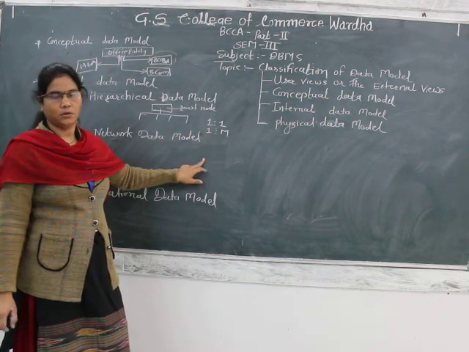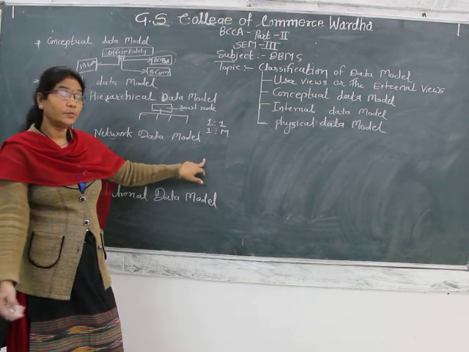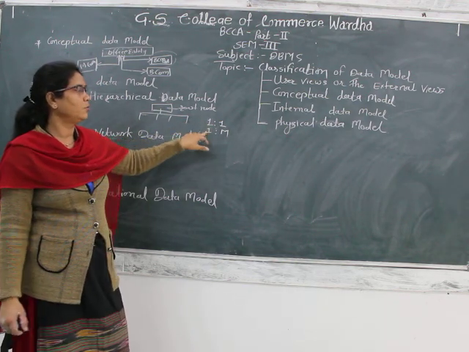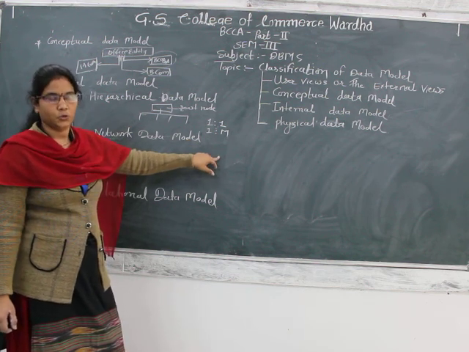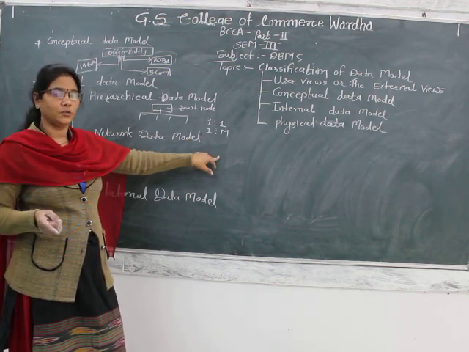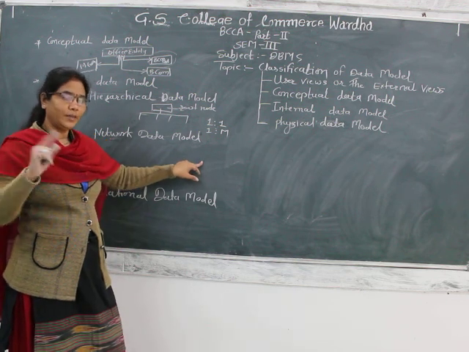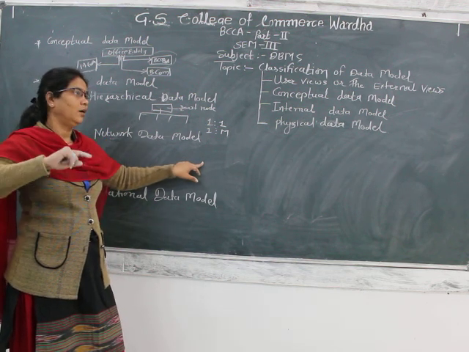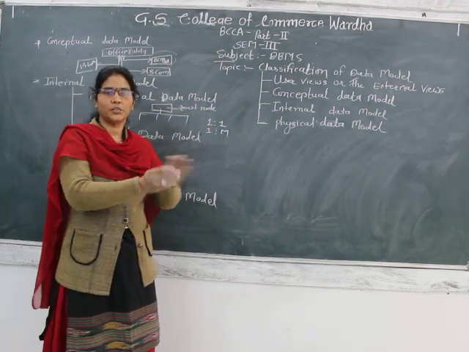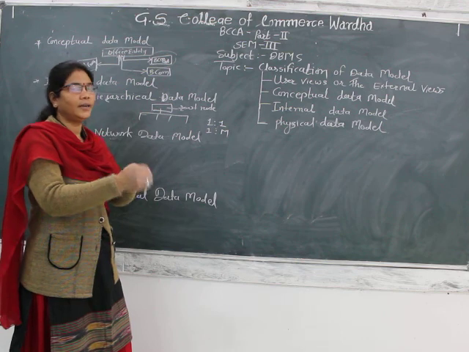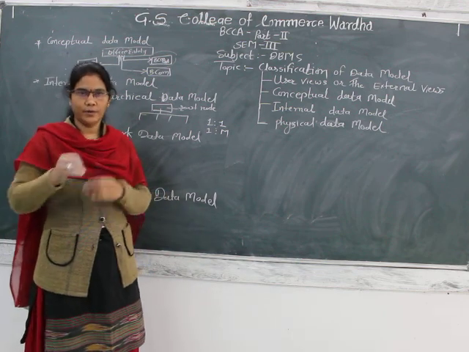There are 5 types of association: 1:1, 1:many, many to many and many to one, then many to multiple association, then conditional association.